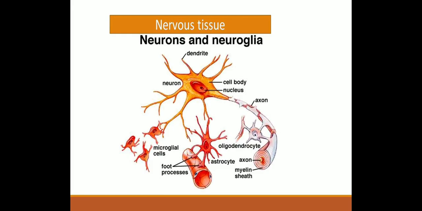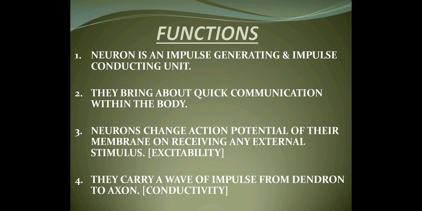Now, coming towards functions of nervous tissue, first thing is that neurons are an impulse generating and impulse conducting unit, and they bring about quick communication within the body. That means their action is very quick, or you can say very fast. Then you'll find neurons change action potential of their membrane on receiving any external stimulus.